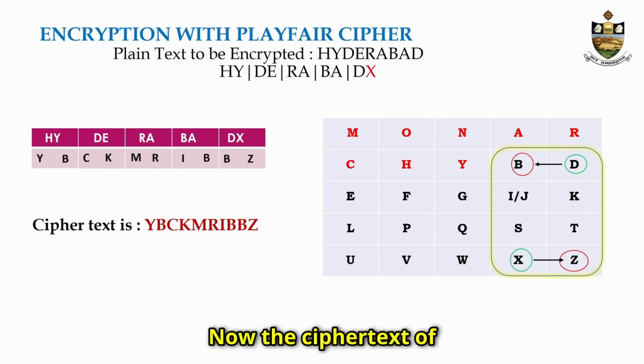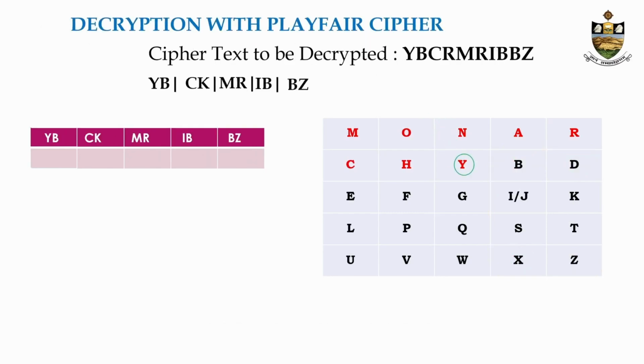The ciphertext of Hyderabad, that is the plaintext Hyderabad with the filler letter X, is YBCKMRIBBZ. Now, we have an even number of letters only, so we can go directly to the decryption procedure.